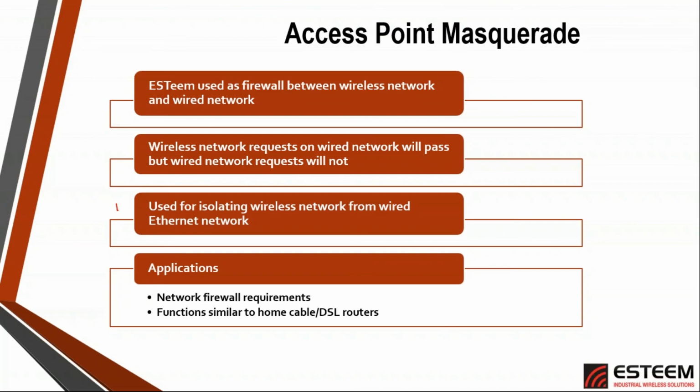It's really used to isolate the wireless network from the wired network, excuse me. The applications would be network firewall requirements, where you get functionality similar to your home DSL or cable router, where you can request information off the internet, but no one from the internet should be able to push through and talk directly to your computer. It works the same way.